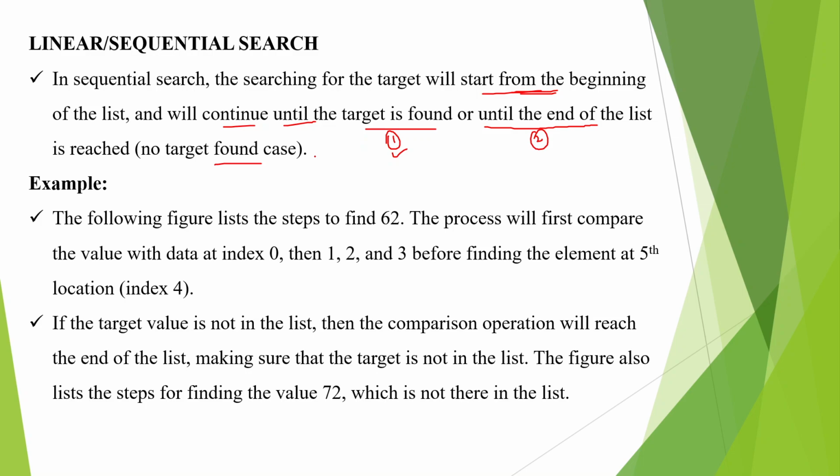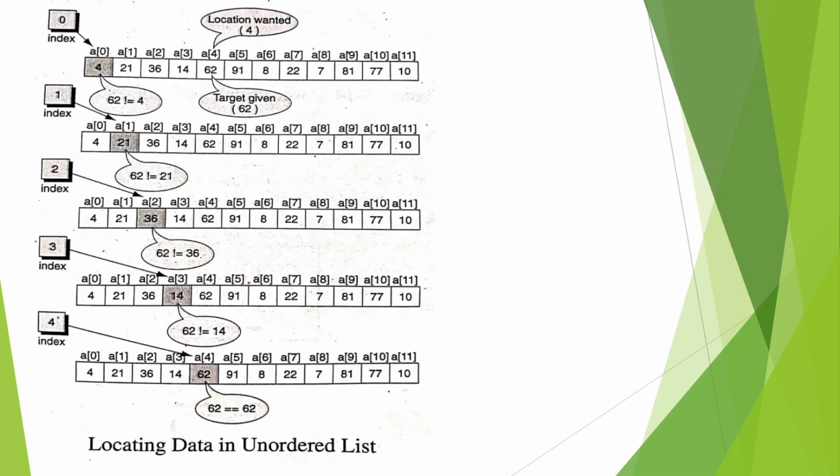We have a diagrammatic explanation for this linear sequential search in our next slide. Just focus on this. As you can see here, we have a total of 12 elements in our list, because the index starts from 0 and ends at 11. So the total number of items is 12.